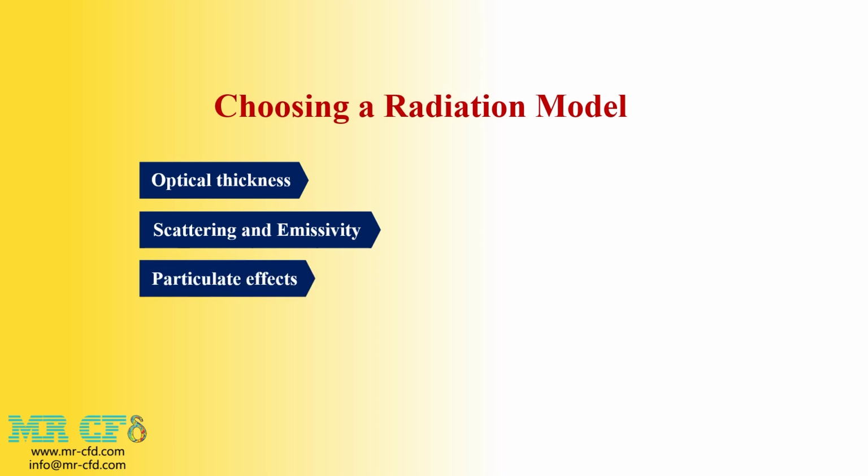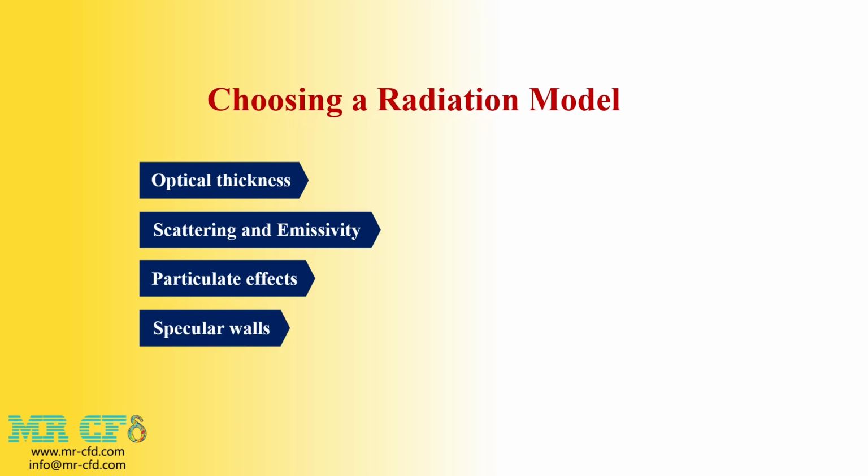The third criterion is checking the effects of suspended particulate matter. The presence of suspended particles in the space means things like dust, smoke, pollutants, water droplets, etc. The suspended particles can affect the quality of radiation in the space under investigation. Among the radiation methods studied, only P1 and DO models can consider the exchange of radiation between gas and suspended particles.